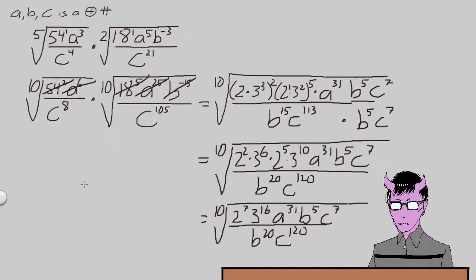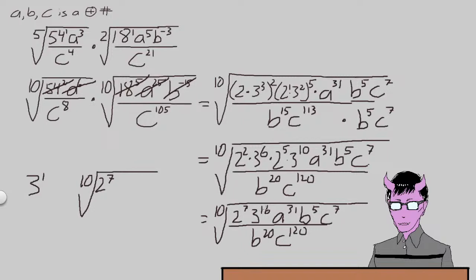Nothing to do with the 2s, so you leave the 2s alone. Yeah, so 2 to the power of 7 is left alone. We have some 3s to yank out. How many 10s fit into the 16? 1. So 1 3 gets pulled out.